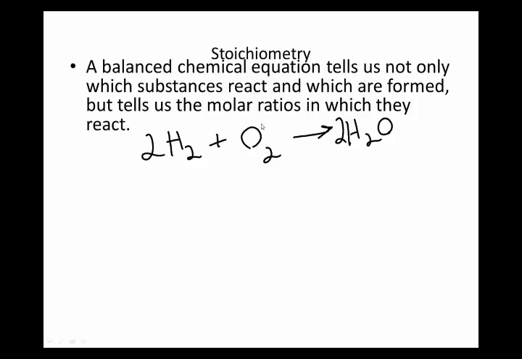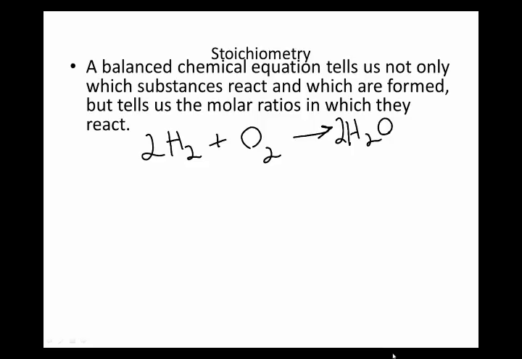So if I had 10 molecules of oxygen, I would need 20 molecules of hydrogen. Or if I had 18 molecules of oxygen, I'd need 36 molecules of hydrogen, and so on and so forth. But as I mentioned before, any relationship or ratio that holds when we're talking about molecules and atoms, we can scale up to moles.